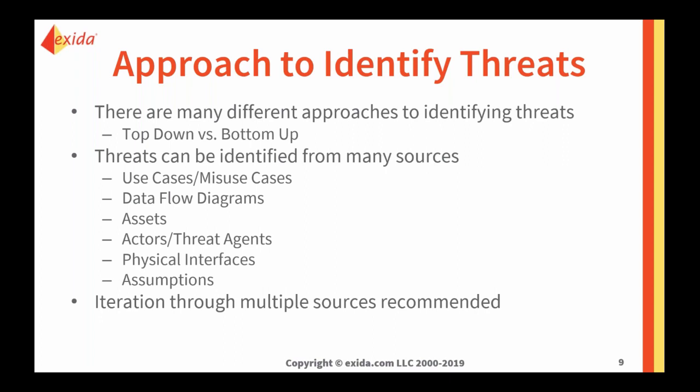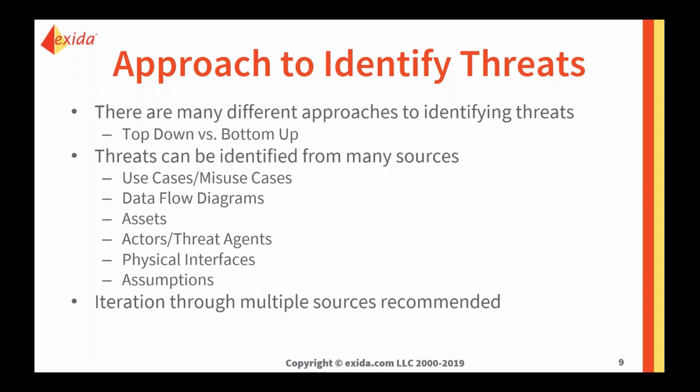And so by identifying all the assets in the system, you can then try to figure out which of those have value to an attacker and what potentially an attacker could do with those different assets to take advantage of weaknesses in the system. So that's one approach that's often commonly used. For each asset, you would try to look at not only what can be done, but how that asset can be accessed in the system.